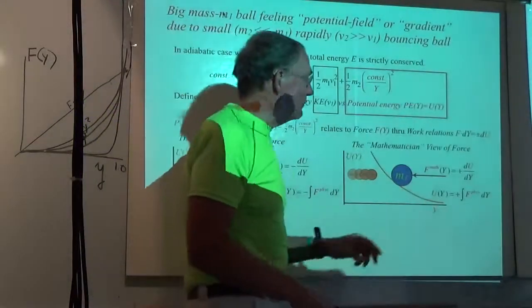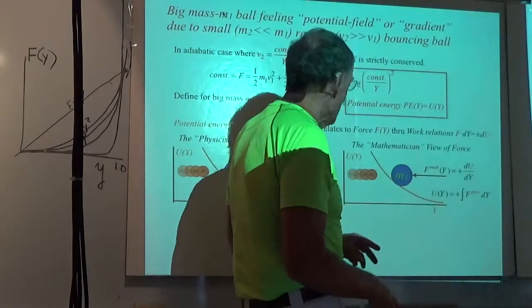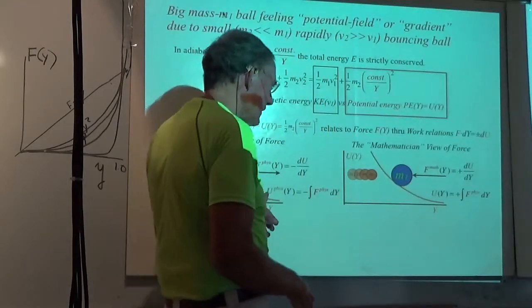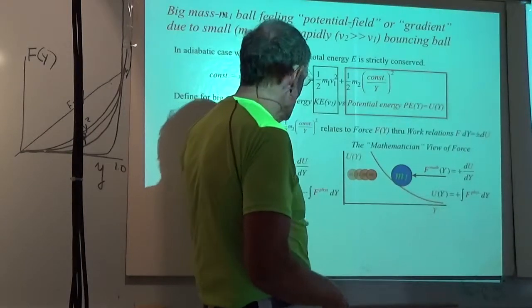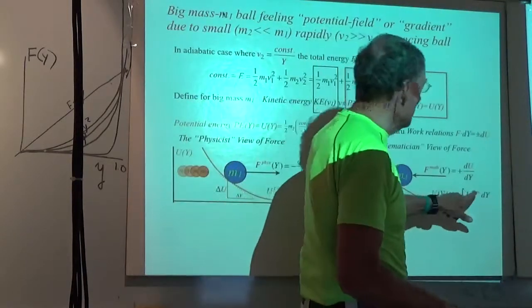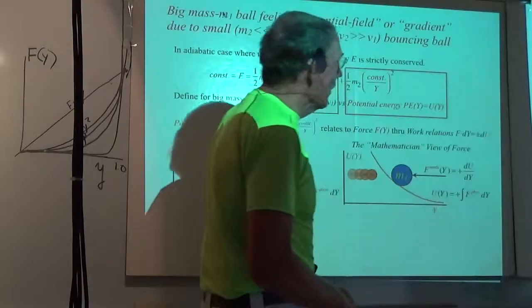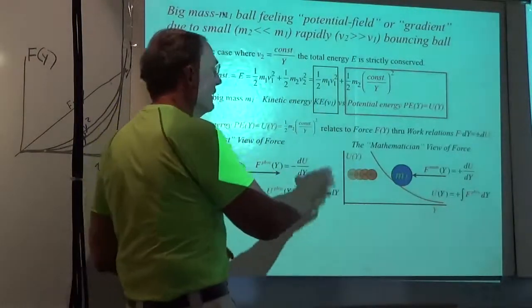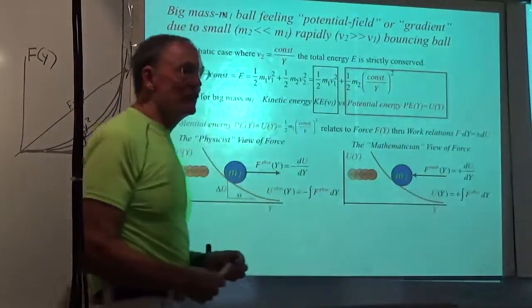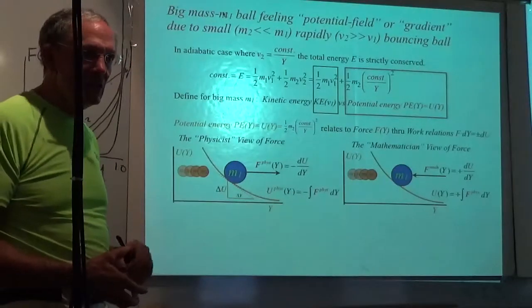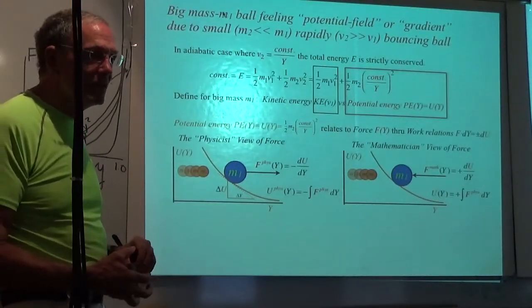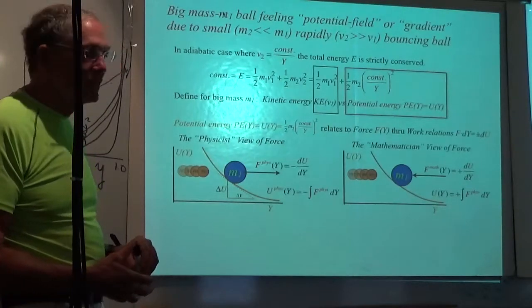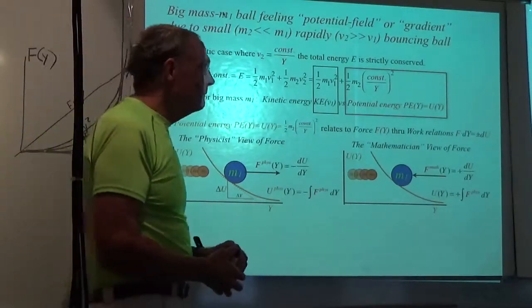The physicist force, and it looks like I've got here an equation like this. I should have had math there. It's a typo. Every sign has to change in these relations. On the diagram on the right-hand side, the mathematician's view of force, even in this figure on the right, the slope is going to be negative, right?